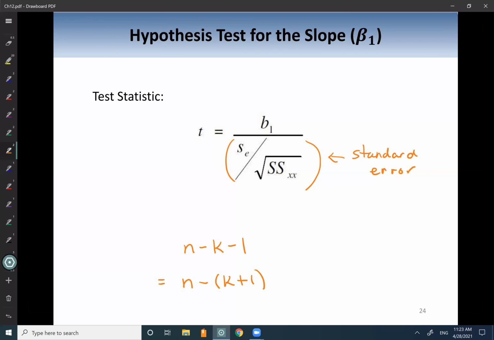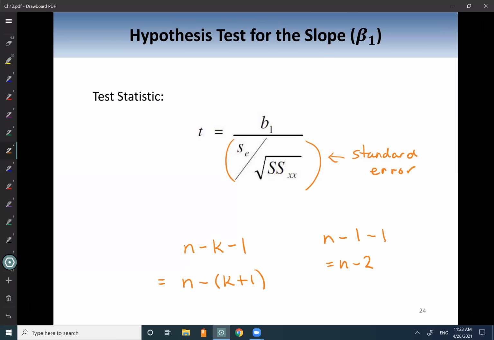Okay, k in this case is equal to the number of explanatory variables or predictor variables in the model. So in our case, for this simple linear regression, there's always one explanatory variable, and then we subtract 1, so that ends up being n minus 2. So it's always degrees of freedom, n minus 2 for these tests, and also for the confidence interval.